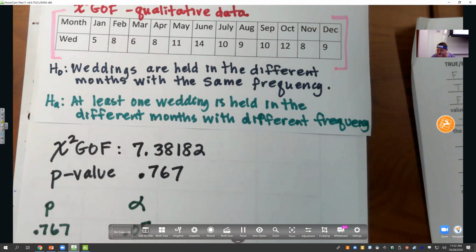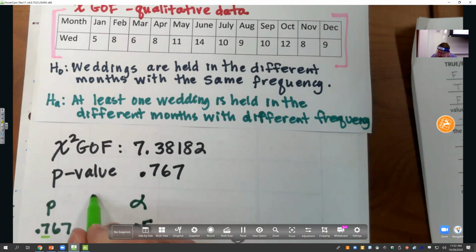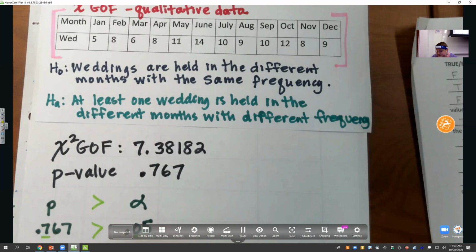Making that comparison, 0.7 is greater than 0.0, so p is greater than alpha, which means we fail to reject the null.